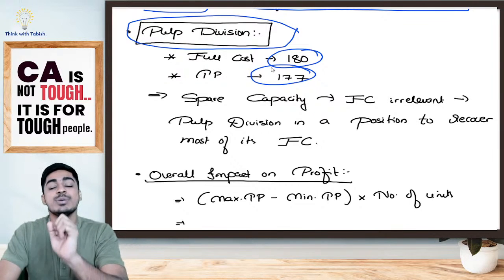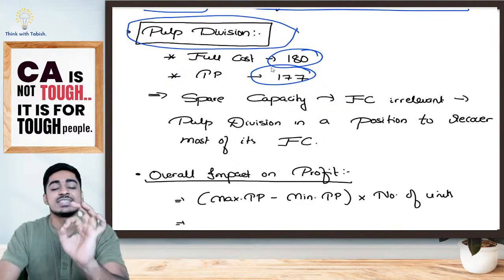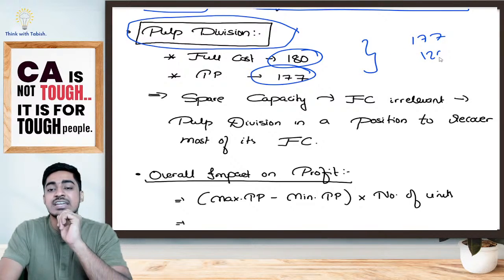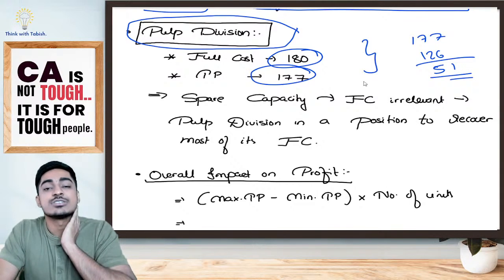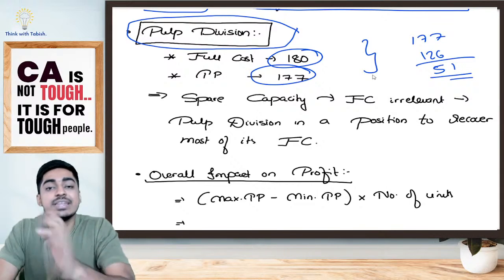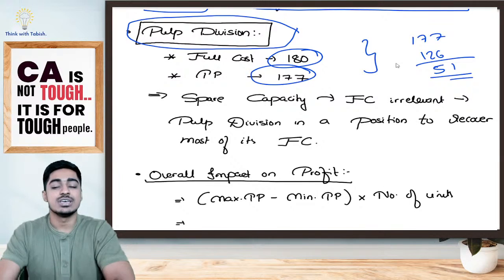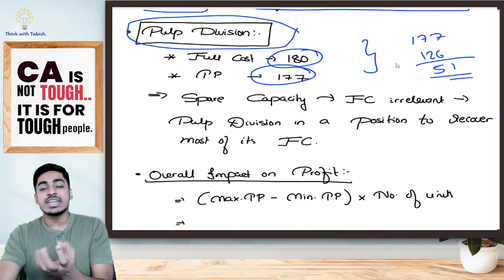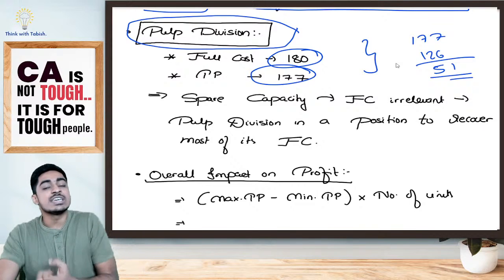But what we need to remind him is that if this transfer is happening, suppose at 177, he is at least getting 177 minus 126, 51 rupees towards his fixed cost. Otherwise, he will not even get 51 rupees towards his fixed cost. Fixed cost is anyways incurred. Because the transfer is happening, some portion of fixed cost he can absorb.